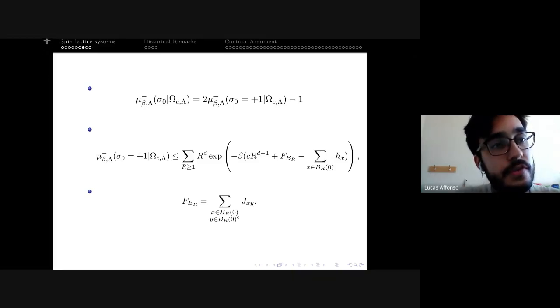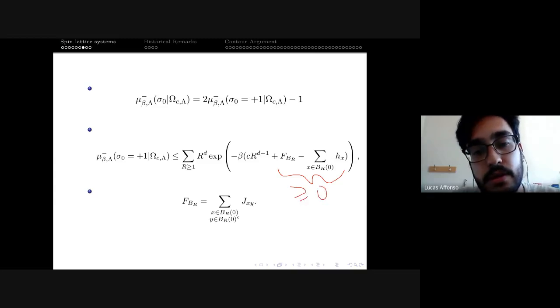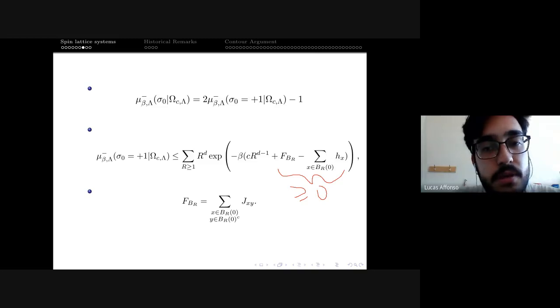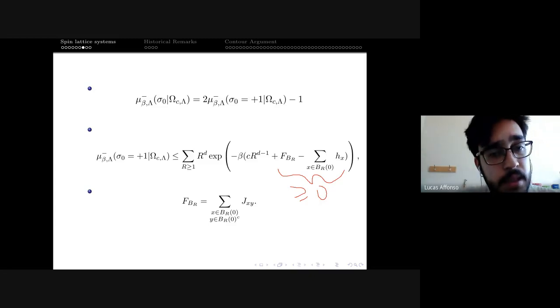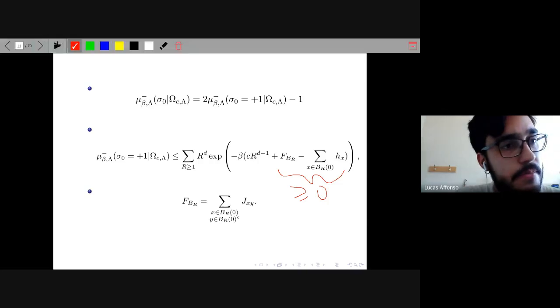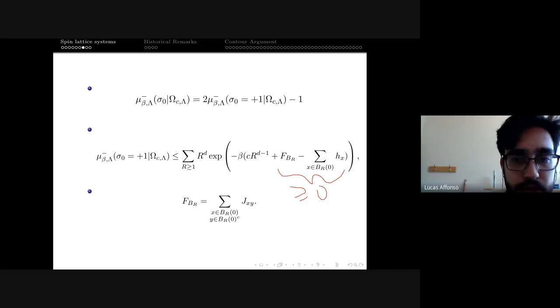So for us to show phase transition, we first need to show that these two quantities here should be positive. So we have a competition between the long range interaction and the decaying field, and in this case, when we have balls, it's easy to calculate.